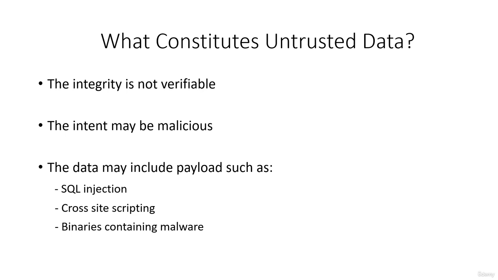It may even be a binary containing some malware, and everything we see there is untrusted data. So as developers we need to expect that it may be provided to the system in order to do evil, and we need to protect against this potential risk.